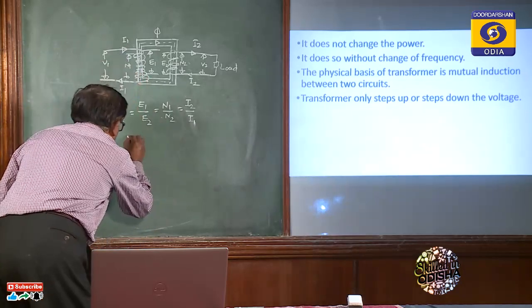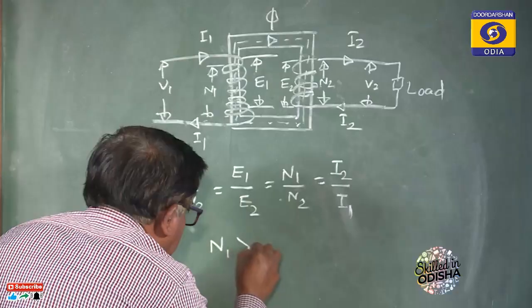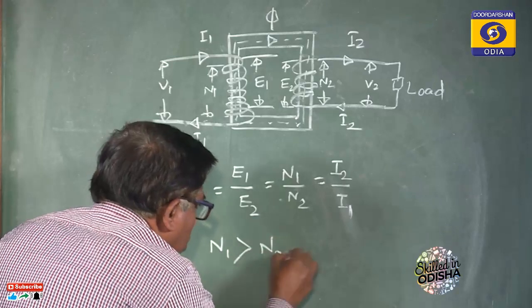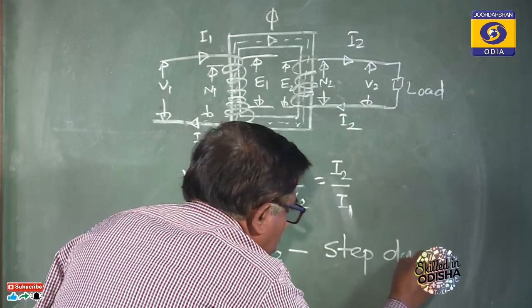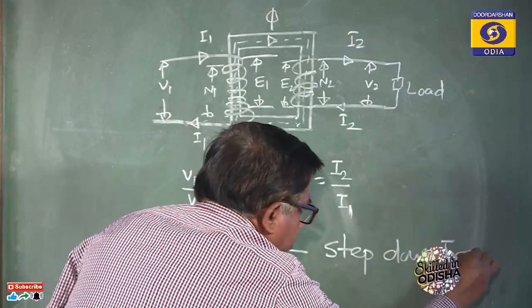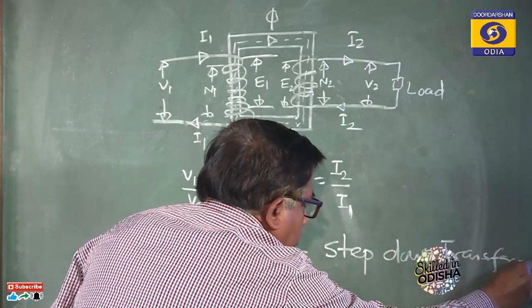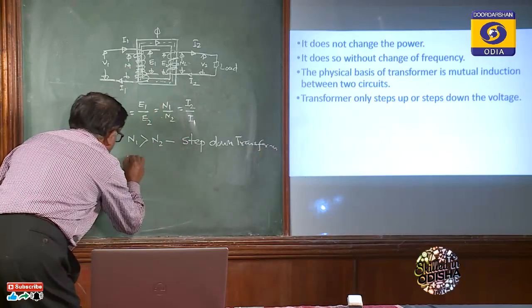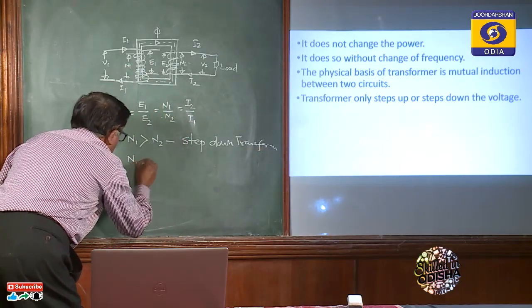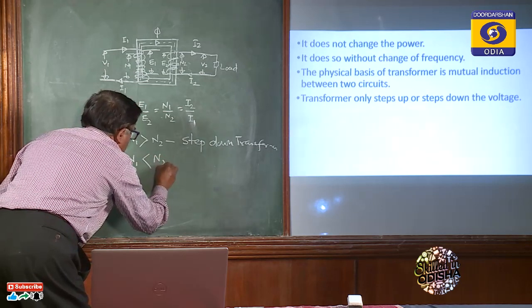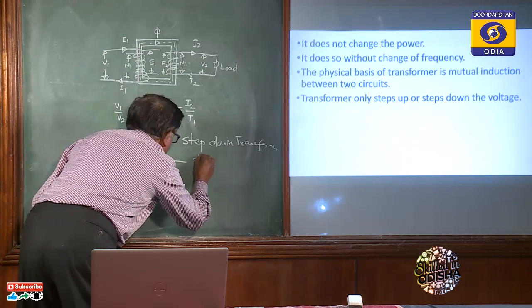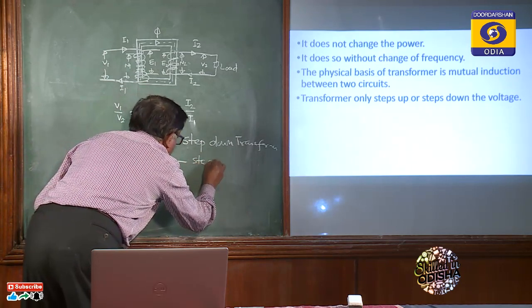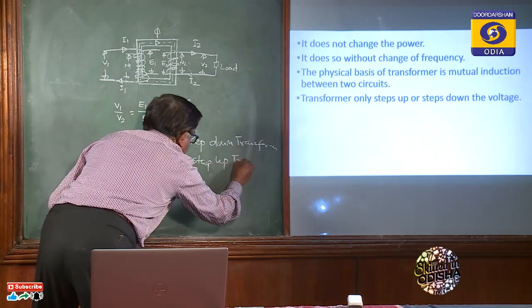So if N1 is more than N2, this is a step down transformer. If N1 is less than N2, it is a step up transformer.